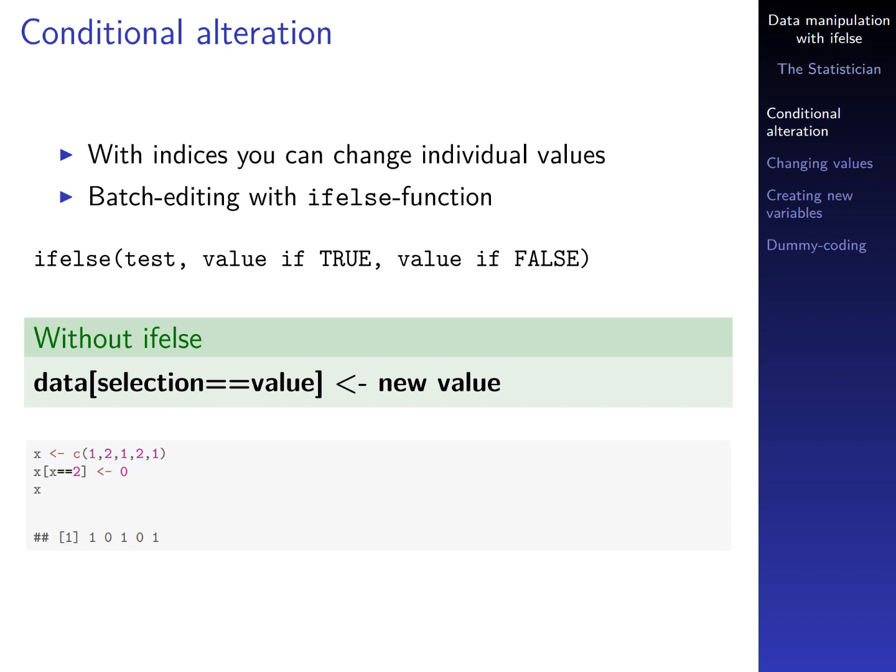Here, I change values that are 2 to be number 0. Obviously, I cannot do anything to those numbers that are not 2. So ifelse is useful in that sense.